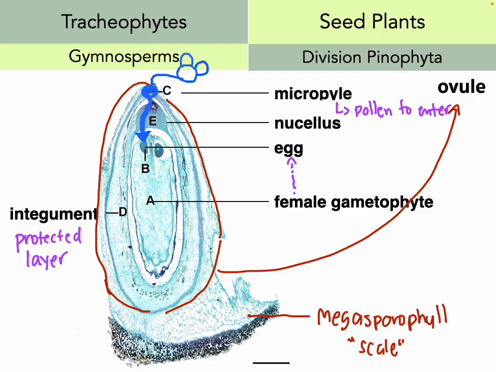This tube thing here, the tube that germinates to see the eggs, is called the pollen tube. And it's short. In the angiosperm, in the flowering plant, this tube will get a lot longer.